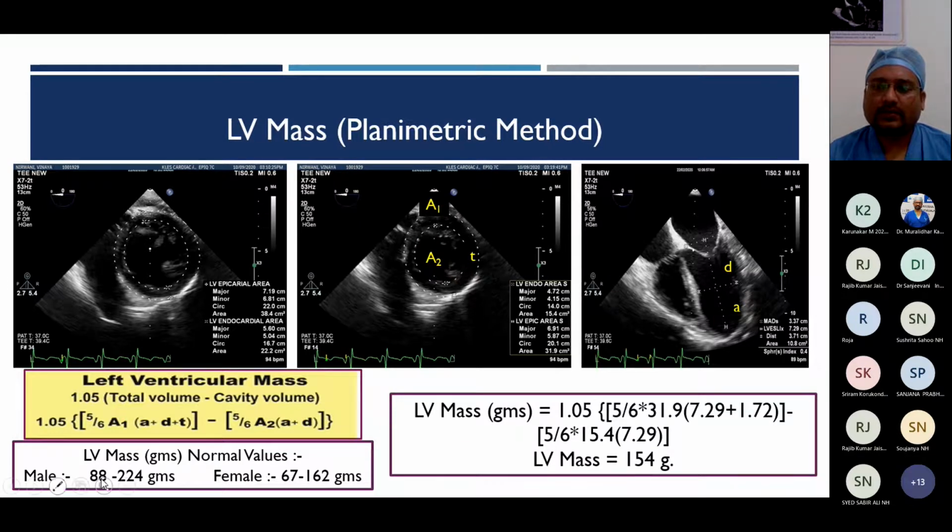Here the LV mass is 154 grams. These are the normal ranges of the LV mass. This mass calculation is very tedious and nobody usually performs it during the routine TEE, but I have just kept it as a reference for how to calculate it.